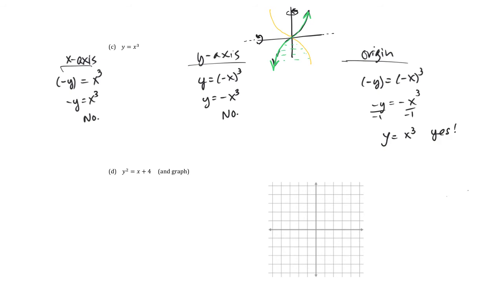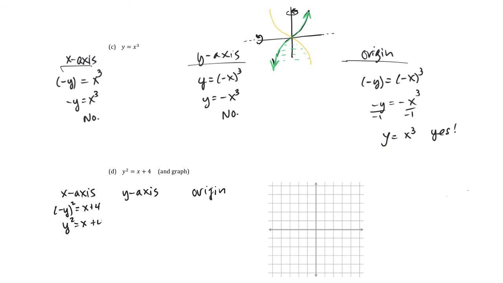Okay, so let's do this next one. y squared equals x plus 4. So first I'm going to check for symmetry, and then I'm going to graph it. Okay, so we're always doing the opposite, so for x-axis we replace y with the opposite of y, and this works.